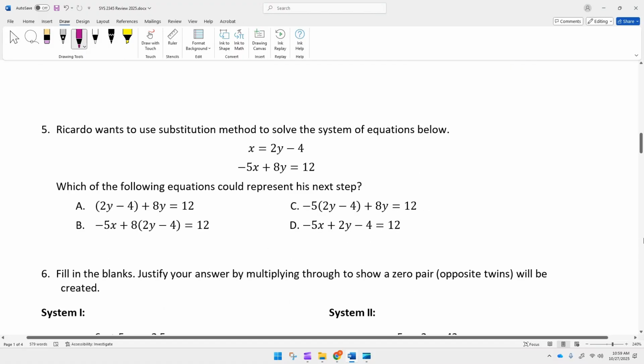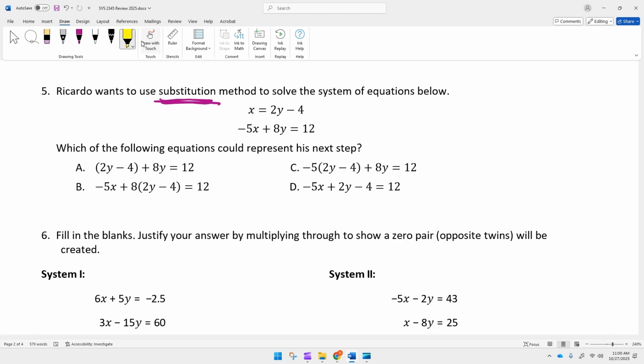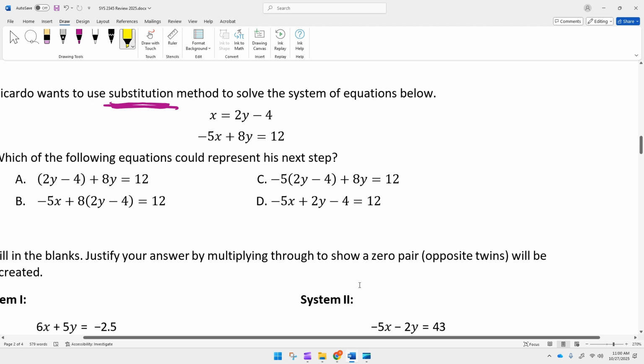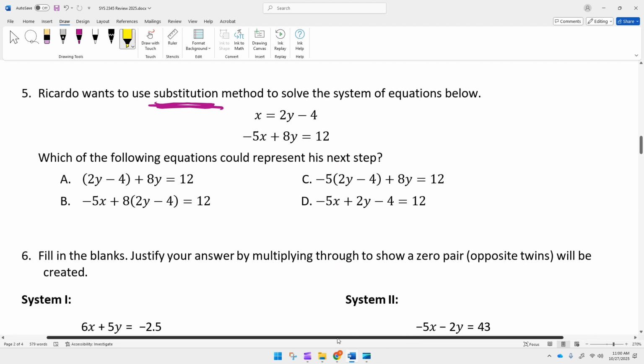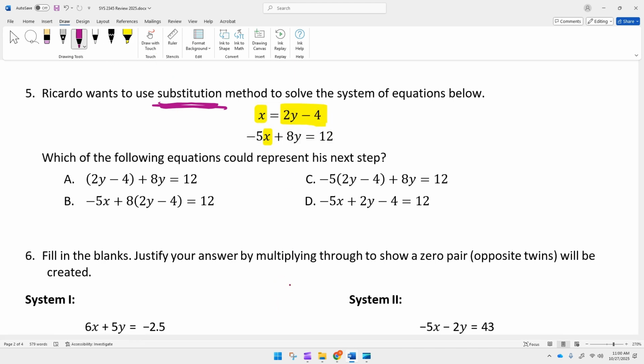Okay, we're going to go to number 5. We're using substitution. To remind you, we want to substitute. In this case, we have the x value, so I want to select my x value. We're replacing x with 2y minus 4, and we are only replacing the x value.